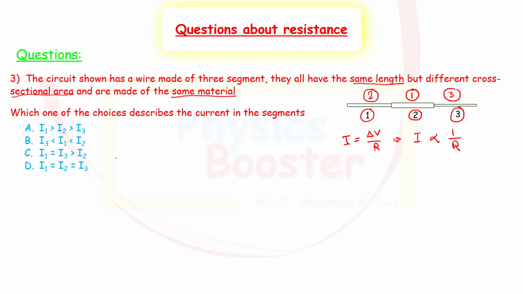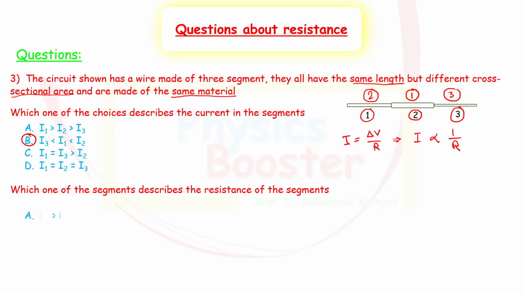If we look at the choices, it is clear that this is the right answer right here, because the current is highest in 2, and then in section number 1, and then in section number 3. The next question: which one of these choices describes the resistance of the segments? Which one has the highest resistance? It's clear that 3 has the highest resistance, then comes 1, then comes 2. So the answer is clear, which is A.